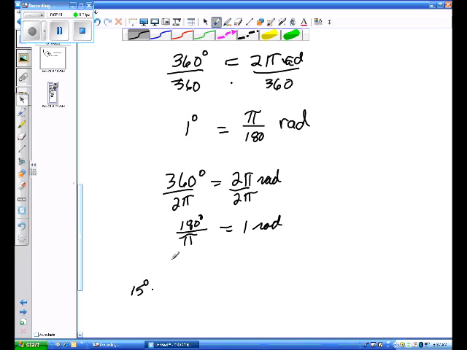So we're going to multiply 15 degrees by pi over 180. And that's going to cancel our degrees. And 15 will go into 180 12 times. So 15 degrees is equal to pi over 12 radians.